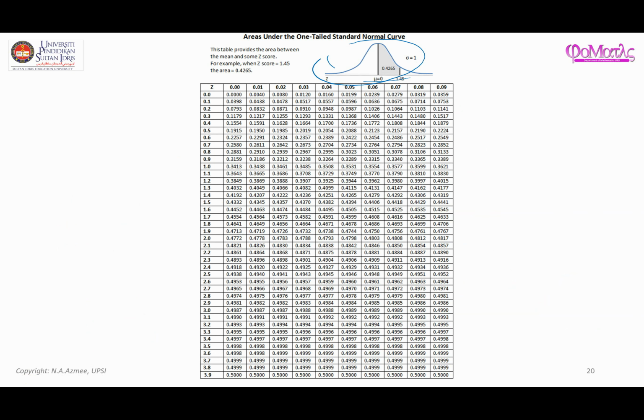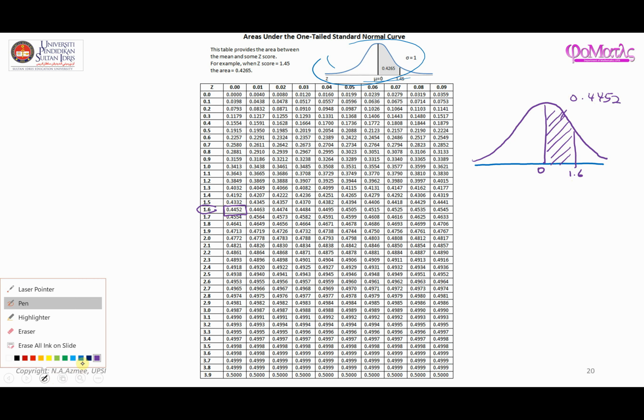Shall we do it together then? If you want to use this table, it gives you the result from the middle point 0 to, for example, 1.6. So if you read 1.6 right here, it gives you 0.4452. This is the result given by this table.